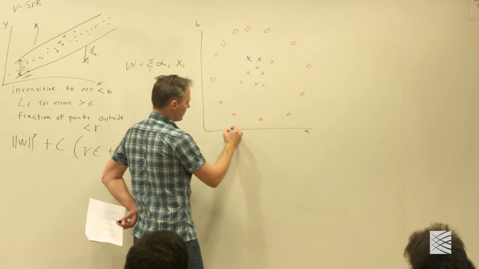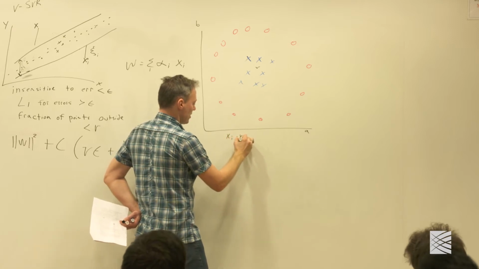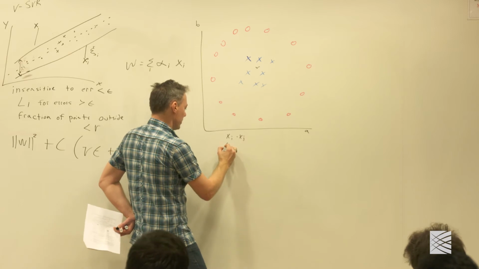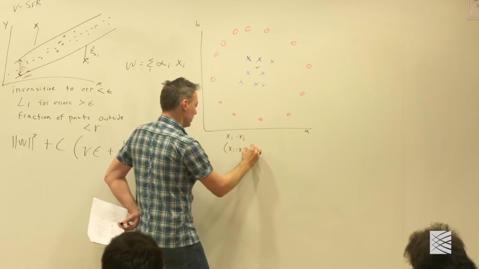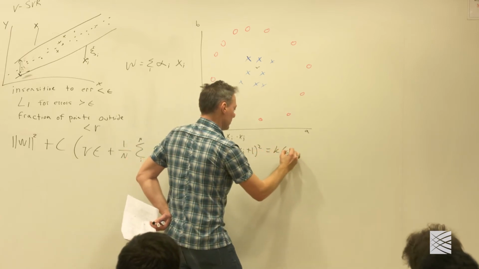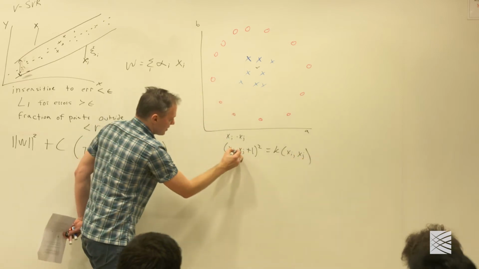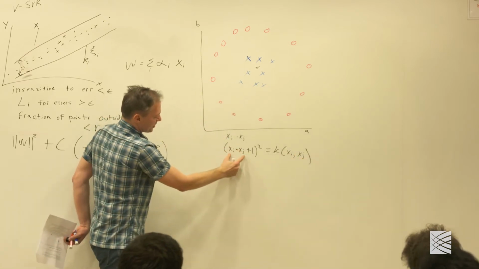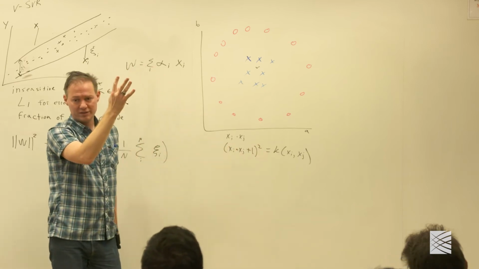Instead of taking the dot product of xi dot xj, let's use this, and let's call that a kernel function. I'm taking the dot product of the points, adding one, and then squaring it. Okay.